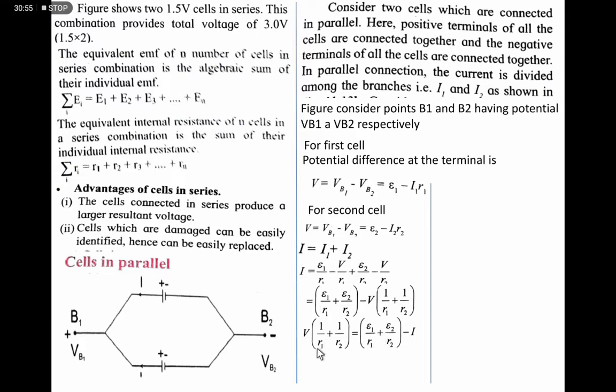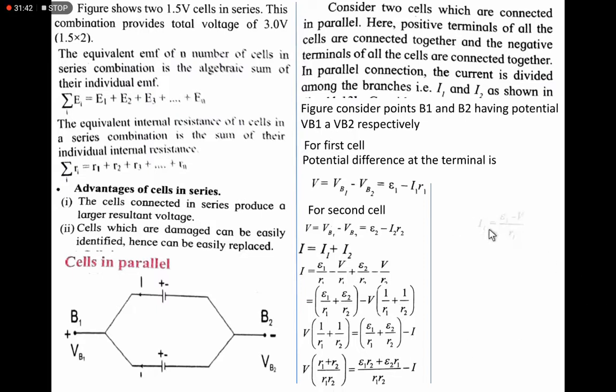So the equation will be V into bracket 1 by R1 plus 1 by R2 is equal to bracket E1 by R1 plus E2 by R2 minus I. Then, taking the LCM, we'll write E1 R2 plus E2 R1 over R1 R2, minus I. The bracket is simplified; similarly, simplification of this will be done by you. So R1 plus R2 divided by R1 R2.